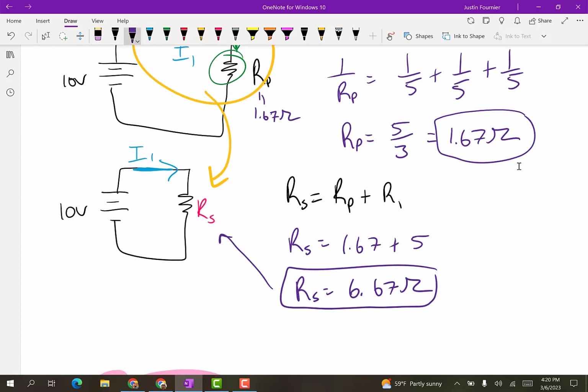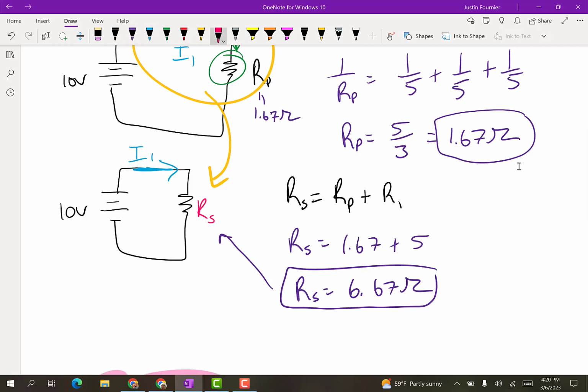So there we go. Now this is the voltage that the battery provides, and if this is the equivalent resistance, then all of that voltage is going to go to this particular resistor.